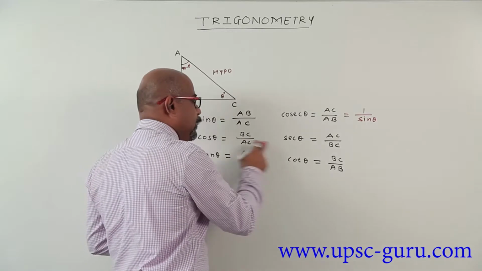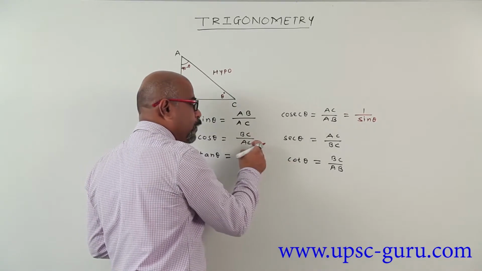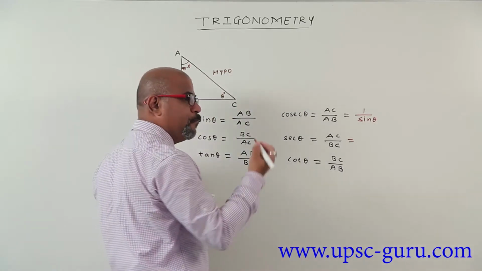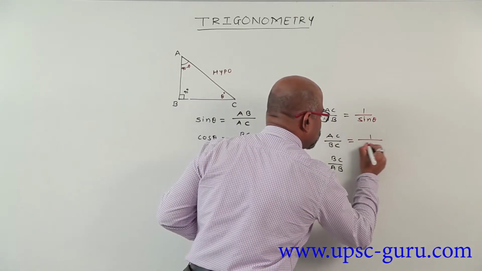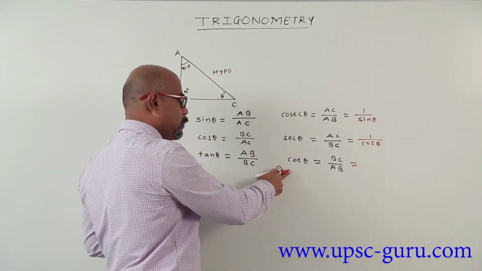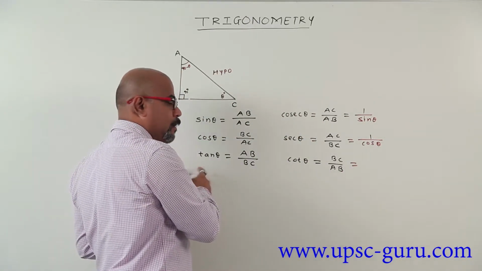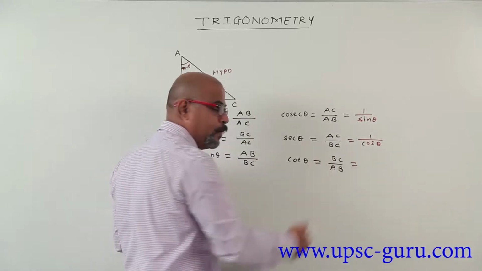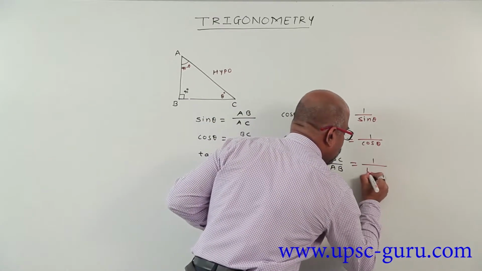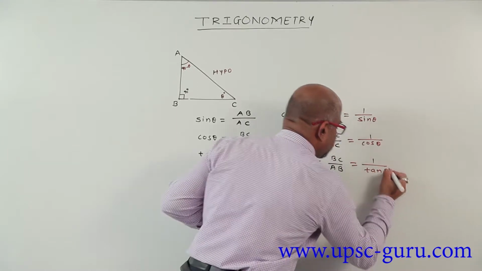If we check cos theta and sec theta, values are BC upon AC, AC upon BC, which are reciprocal of each other. Therefore sec theta equals to 1 upon cos theta. Then we go for cot theta and tan theta. Again AB upon BC and BC upon AB reciprocal of each other. Therefore cot theta equals to 1 upon tan theta.